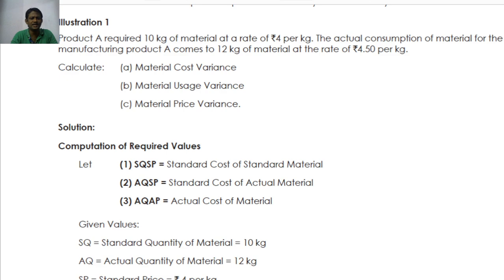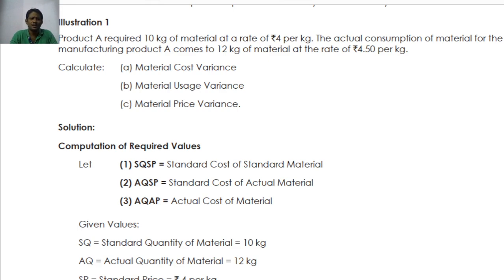Did I use more or less? I used more. 10 kg is my standard, but actual is 12 kg, so extra 2 kg I used. So is the usage variance adverse or favorable? Adverse only, because you used more than the standard. You utilized the raw material more.